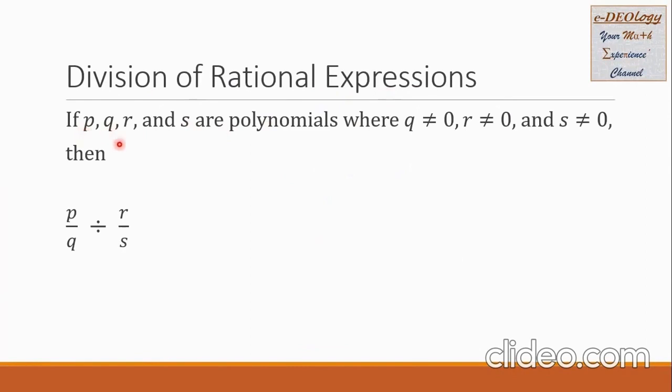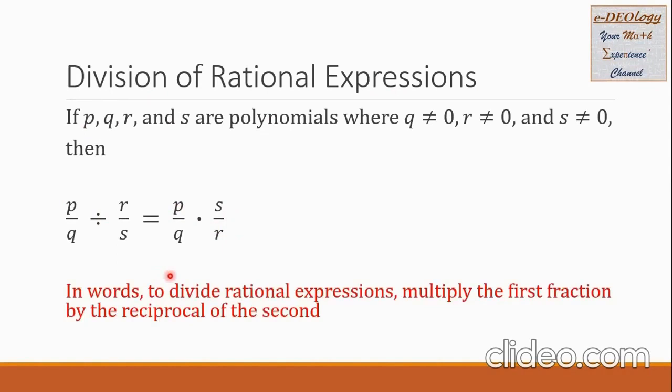If P, Q, R, and S are polynomials, where Q not equal to 0, R not equal to 0, and S not equal to 0, then the rational expression P over Q divided by another rational expression R over S is equal to P over Q times S over R.